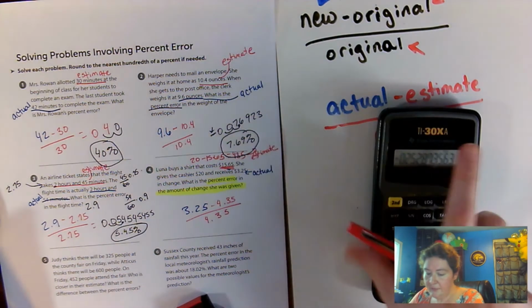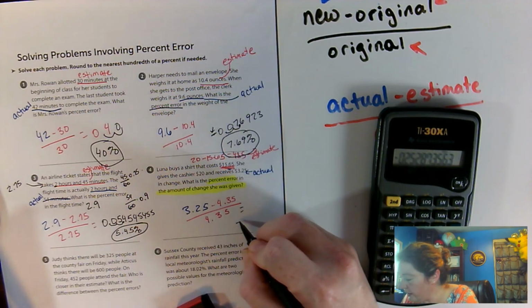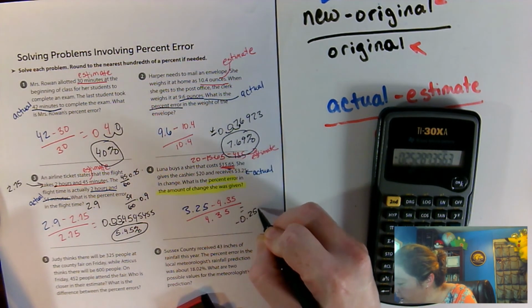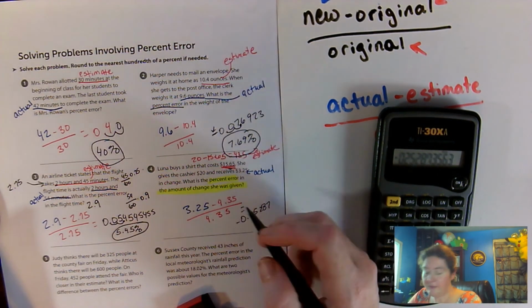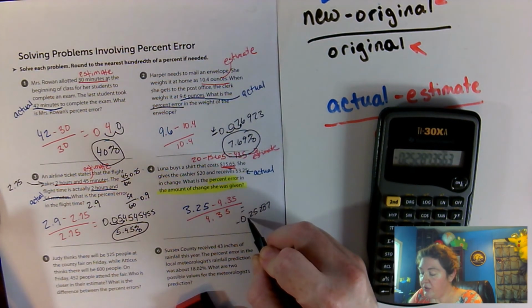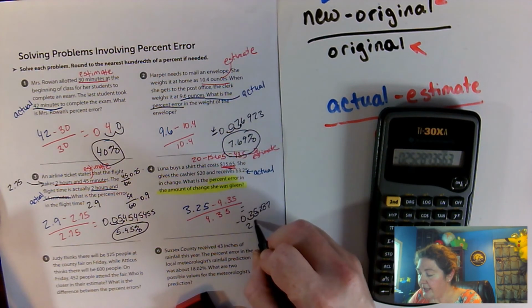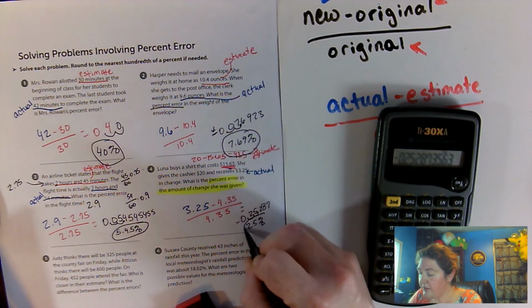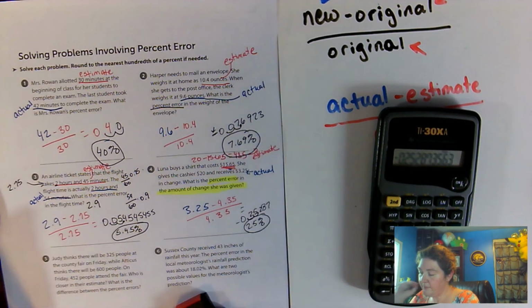And I get negative 0.25287, yada yada yada. I don't need all that. I know that I can change this to a percent, move my decimal 2 places. I get 25%. That's my answer. I'm not going to worry about decimals on this one.